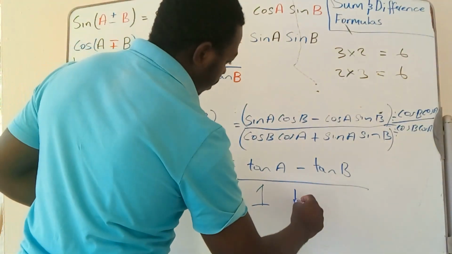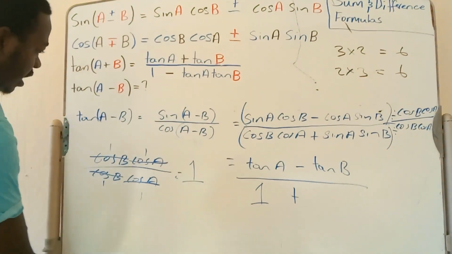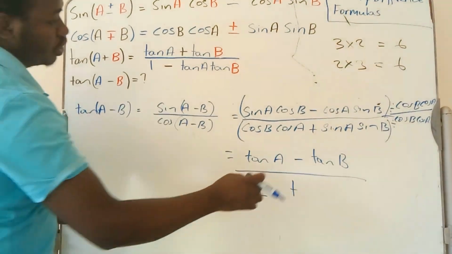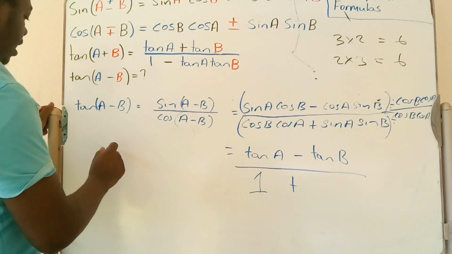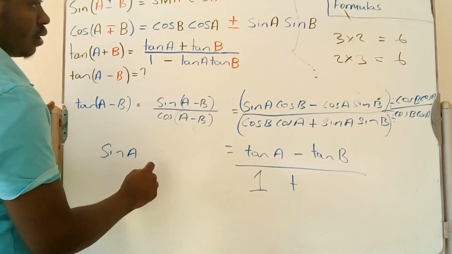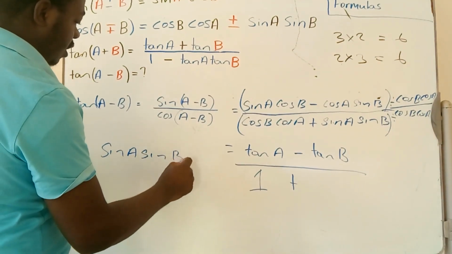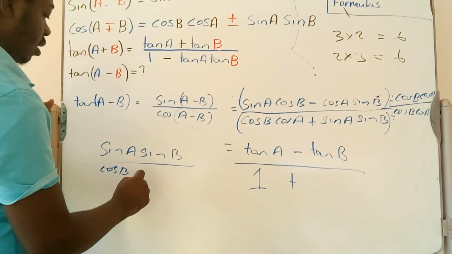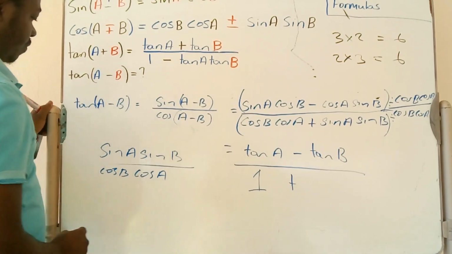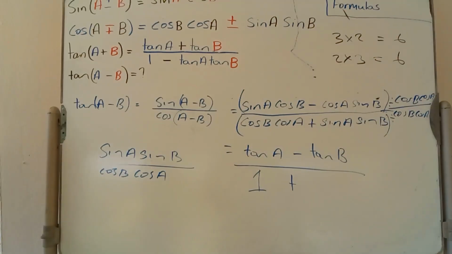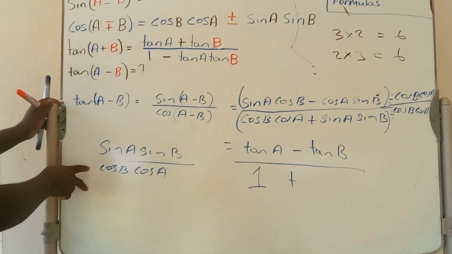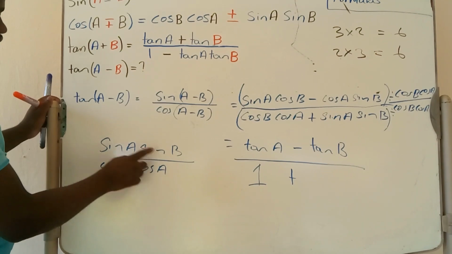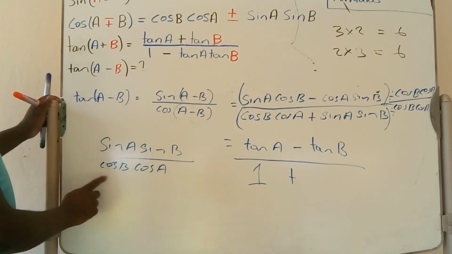Right? So that's what that is equal to. Now, keep my plus sign, and I only have one final step to do. I'm going to take the last term in the denominator here, which is sine A sine B, and I'm going to divide that by cos B cos A. Again, maybe it's not easy for you to see it, so what you can do is rearrange one of these, either the numerator or the denominator, right?